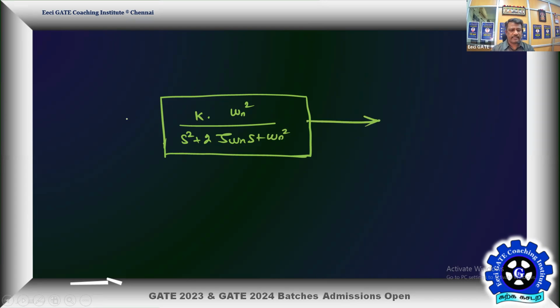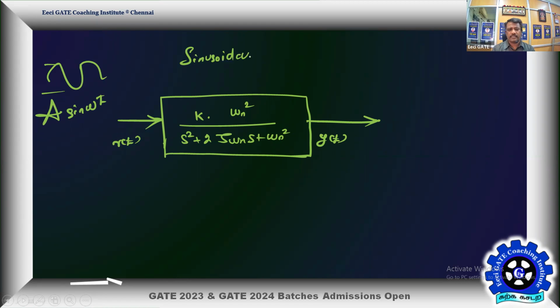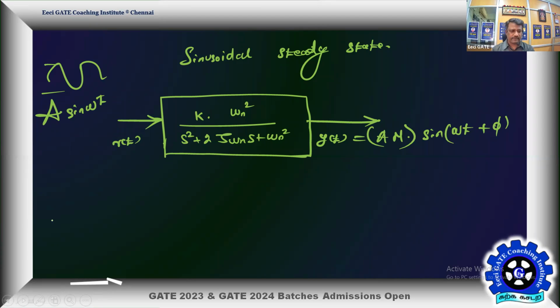So exciting by AC, let me take this as A sine omega t, where A is the input amplitude. It is plus A, it is minus A. That's excitation r of t. Then what is the y of t? Under steady state, by using sinusoidal steady state response analysis, we remember y of t is equal to A into M, that's your output amplitude, into sine omega t plus phi, where omega is the given frequency of excitation.